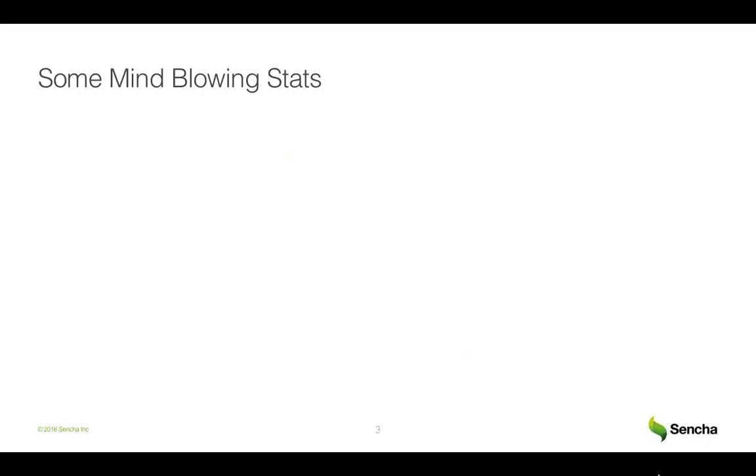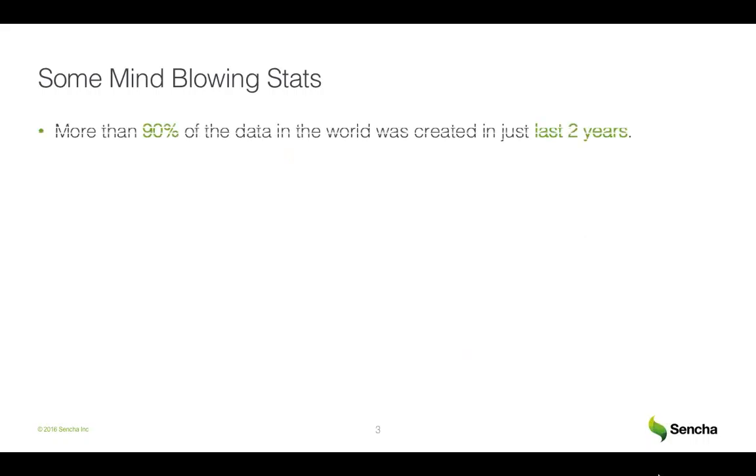So let me share some mind-blowing stats with you around the data that we're generating today. According to IBM, every day we are generating 2.5 quintillion bytes of data. So much so that about 90% of the data in the world today has been created in just the last 2 years.